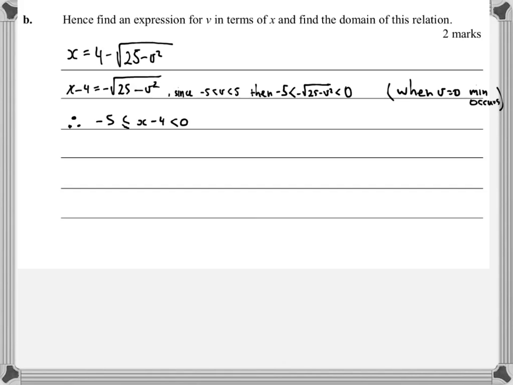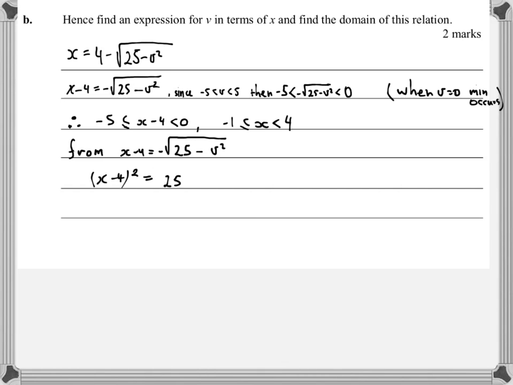Now, we can get a domain for x by adding 4 to both sides. So if I add 4 to the -5 here, I'm going to get -1. If I add 4 also to 0, I'm going to get 4. Okay, so x ranges from -1 to 4.